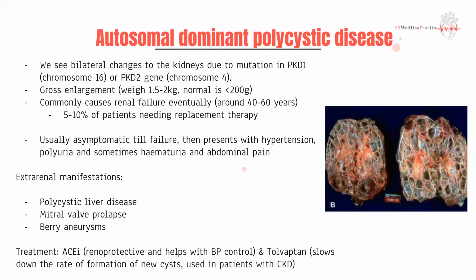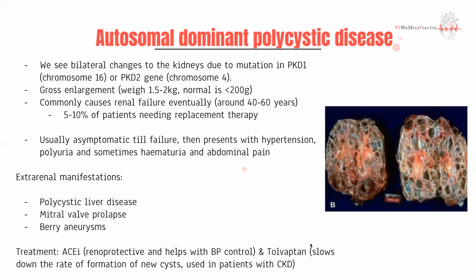In terms of how we treat autosomal dominant polycystic kidney disease, our mainstay of treatment would be supportive. So we would start them on an ACE inhibitor because we know that ACE inhibitors are renal protective, as well as they would help with BP control, which is a presentation of this disease. And also we have tolvaptan.